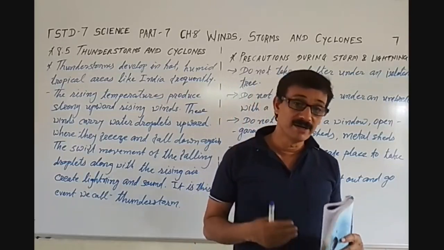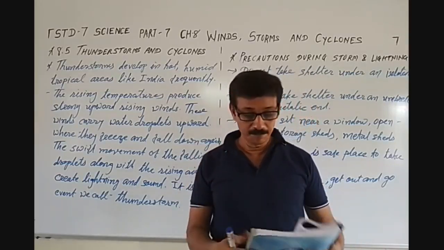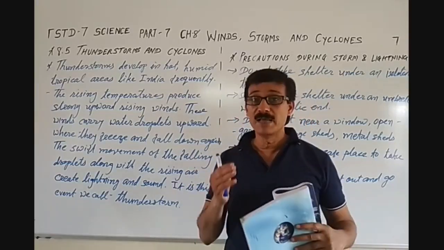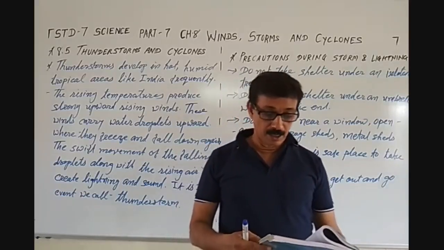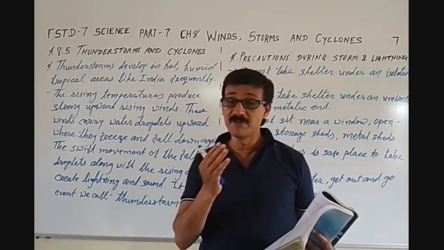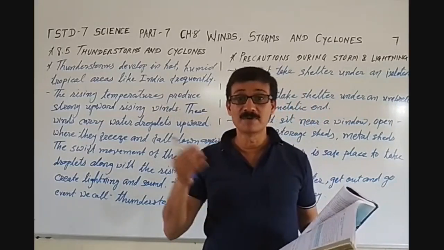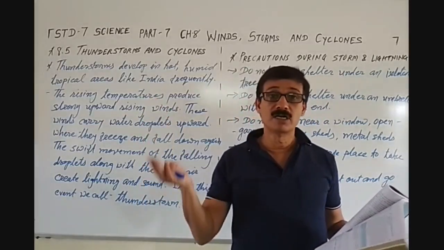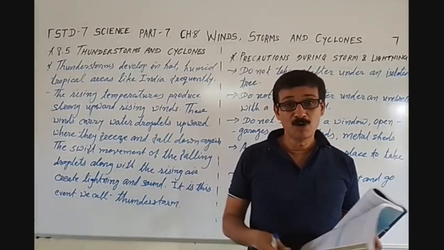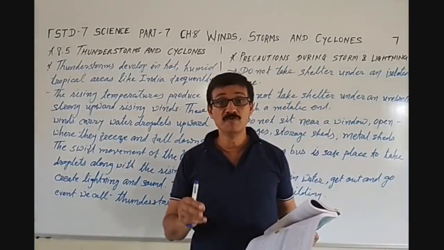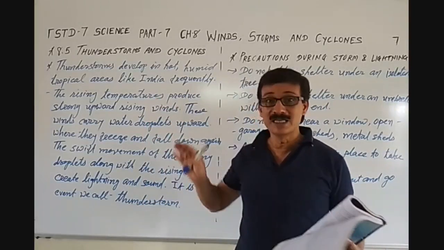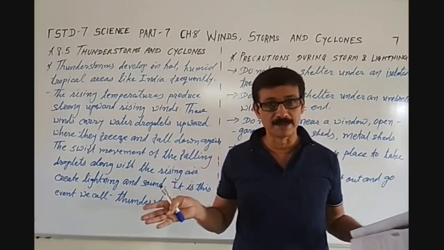In the last part, the 6th part, we discussed uneven heating of land and water. In our area, during summer, the land near the equator warms up more than the water in the oceans, and because of that monsoon winds come to our area with a lot of rain, isn't it?